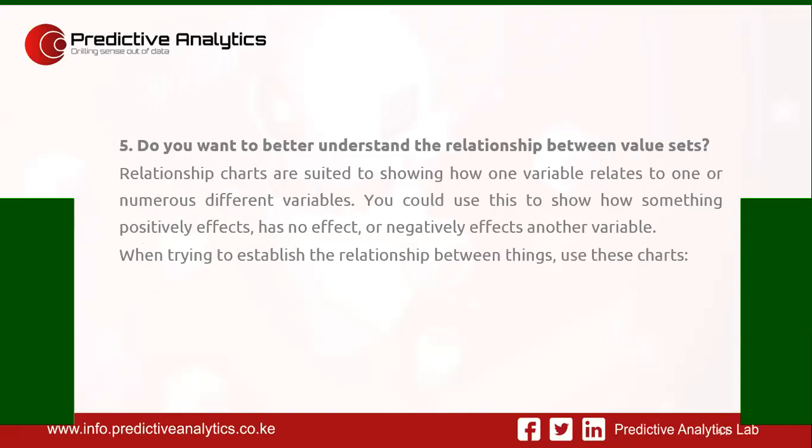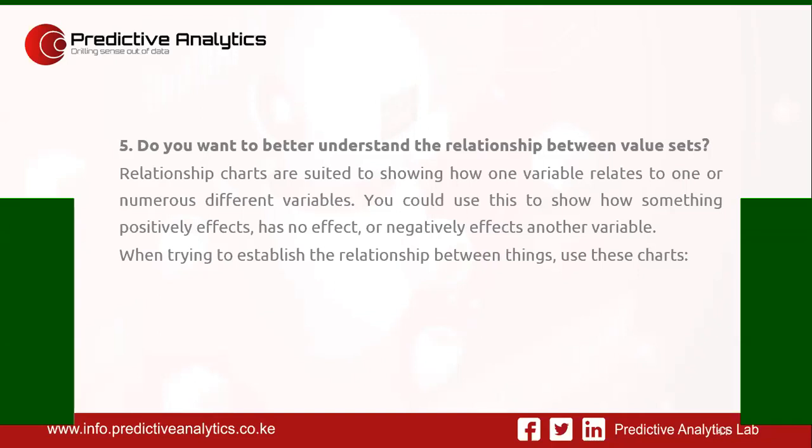Point number five, do you want to better understand the relationship between value sets? Relationship charts are suited to showing how one variable relates to one or numerous different variables. You could also use this to show how something positively affects, has no effect, or negatively affects another variable.